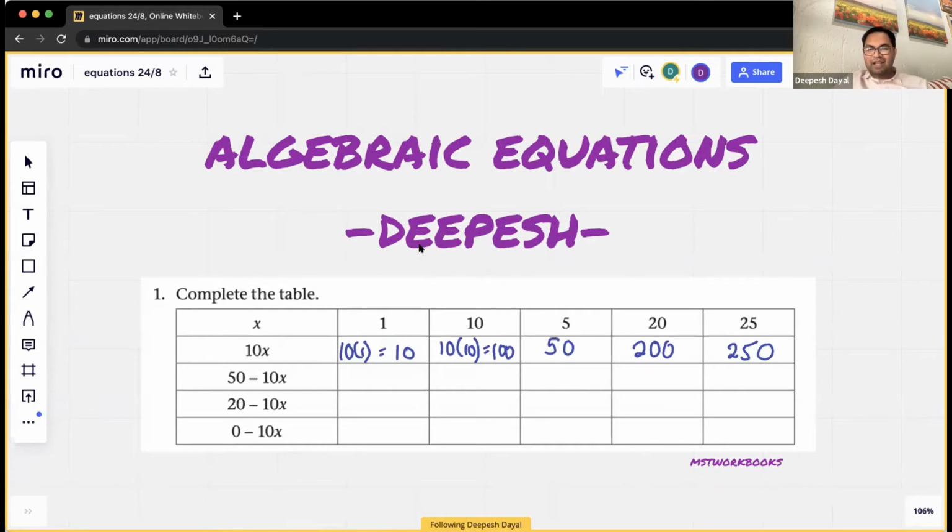Who wants to call out the next row? First block is 40. Yes, next. Second block is 400.